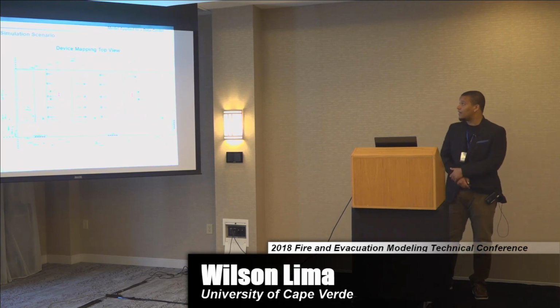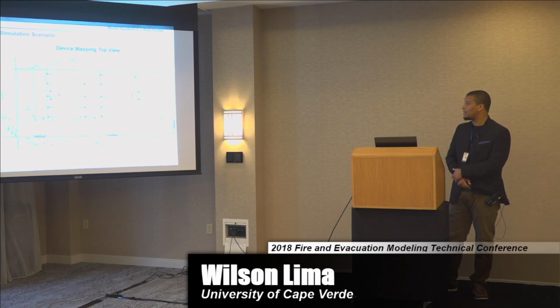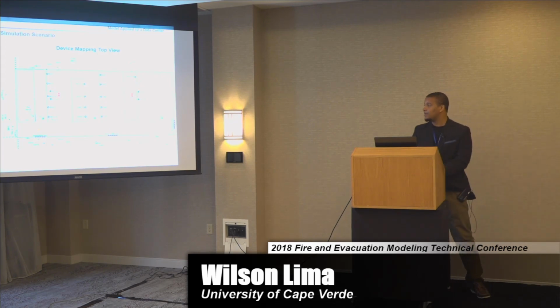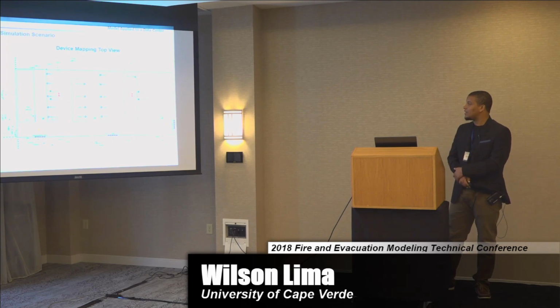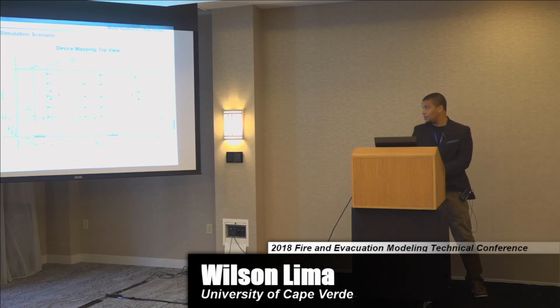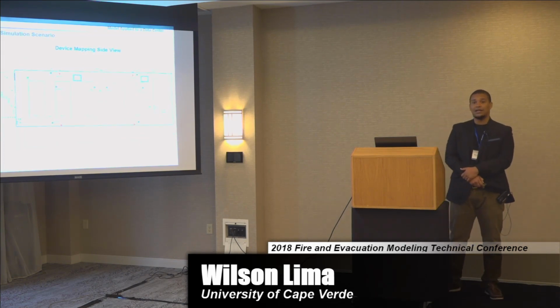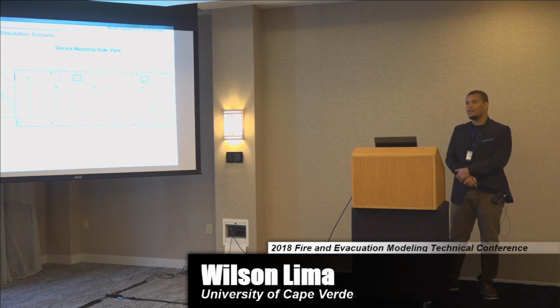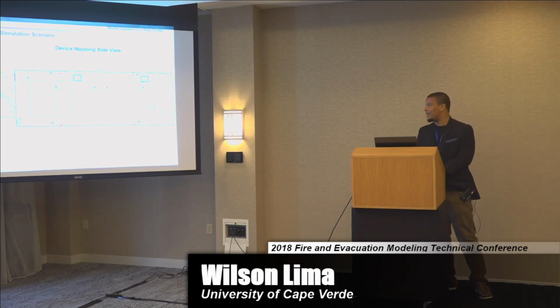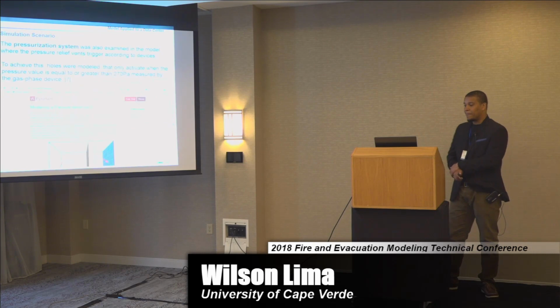Here you can see the device mapping in top view, where all the devices are placed. You can see in the UPS the fire source, and where all the devices that we use are placed. Also, you can see the device mapping in side view, where we can see the height of all the devices and how far from the fire they are.